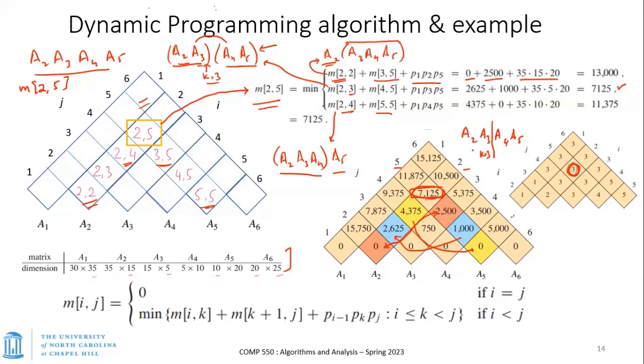Well, we need to divide it up at k equal to 3. And then we can perhaps tackle the problem, do A1, A2. The solution for A1, A2 would be over here. A1, A2, and that would say, split it up at k equal to 1.